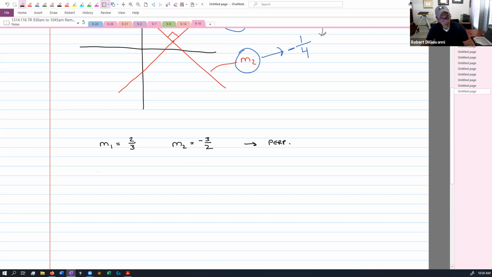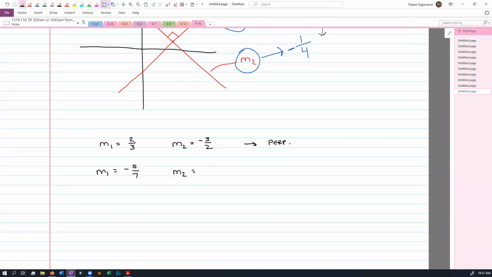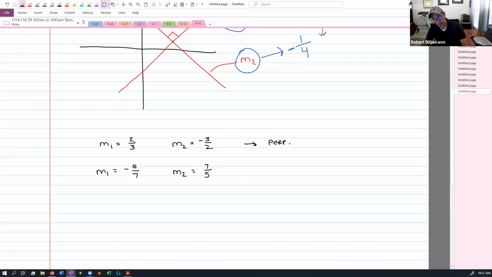Let me give you another one. What if the slope of one of the lines was -5/7? What would the slope of the other one have to be? +7/5, and then they would be perpendicular.